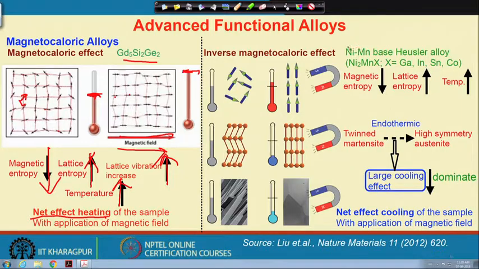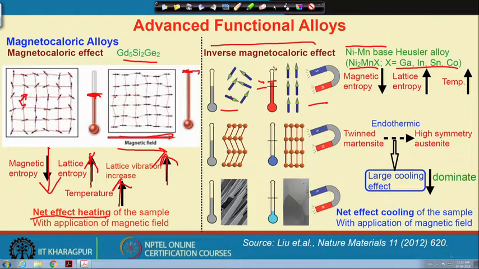But in the case of nickel manganese based Heusler alloys, which we have discussed enough, this is a full Heusler compound, Ni2MnX, where X is a p-type element, an inverse magnetocaloric effect has been observed. What is the inverse magnetocaloric effect? Please have a look. This is the conventional type of magnetocaloric effect, shown with a magnet schematic. Here are the randomly oriented magnetic spins, and if we align the spins, the temperature of the system will increase.